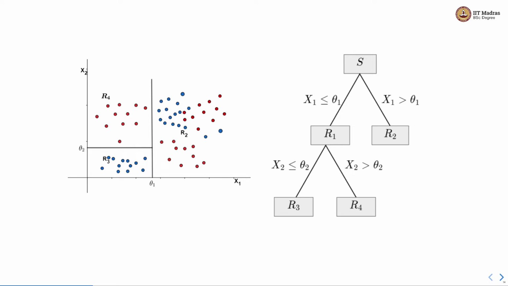If x2 is less than or equal to θ2, we classify the point into region R3, and if x2 is greater than θ2, we classify the point in region R4. Now we are getting successive axis parallel partitions of the feature space. Right now we have three partitions which are R2, R3 and R4.